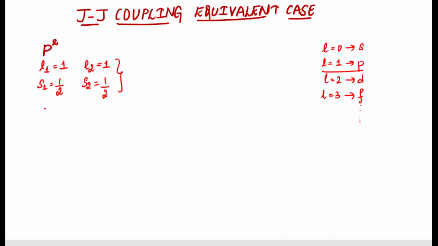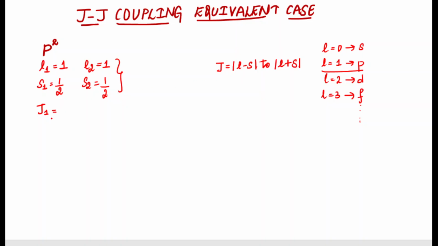Now we need to find the value of J1. How to find J? The J value is found from the magnitude of L minus S to L plus S. This is the general formula. Now we have L1, S1 and L2, S2. Substitute the values and you will get the respective J1 and J2.